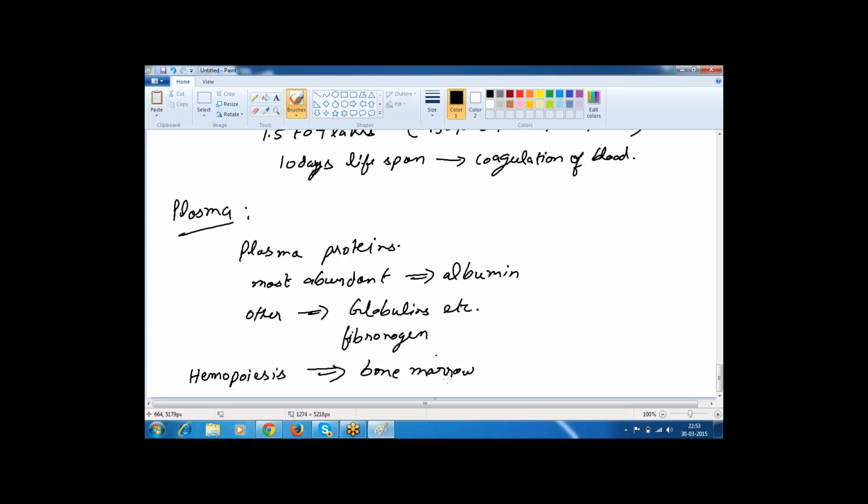You need not go into the details of hemopoiesis. And also remember that the lymphocytes, they live inside lymph nodes. You must have observed or studied that in infections there is swelling of lymph nodes, or we palpate lymph nodes to check whether there is some problem or not.